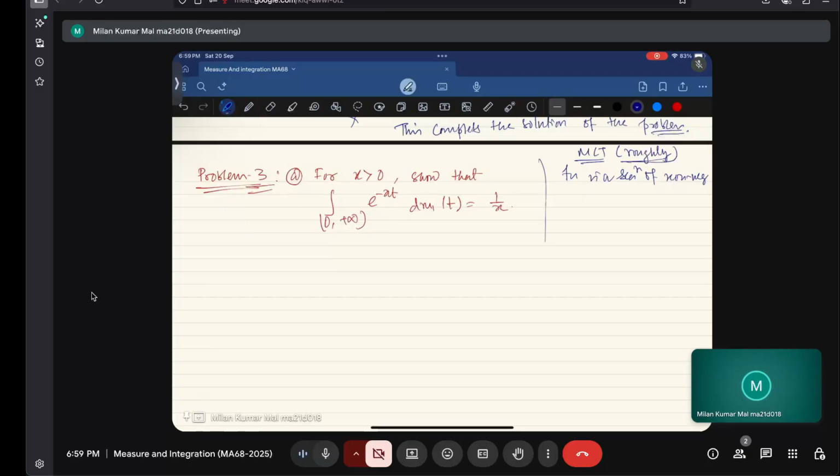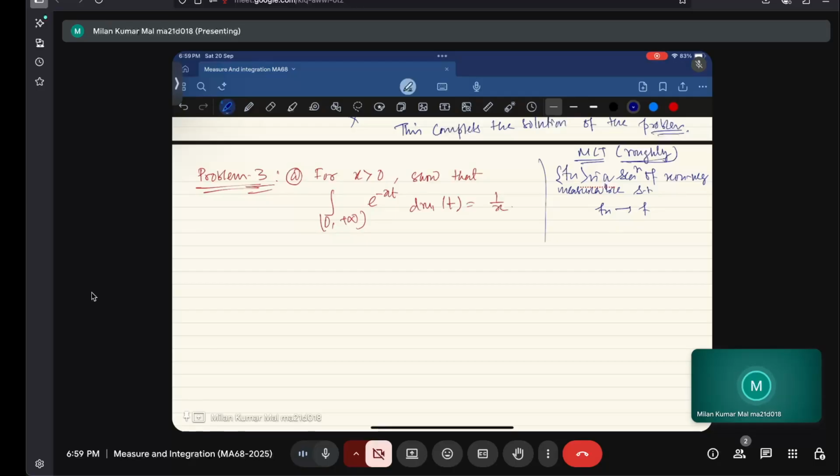If fn is a sequence of non-negative measurable functions on a measurable space x, with measure mu, real valued, such that fn converges to a function f, then f will be measurable and non-negative valued. There is no doubt about this.